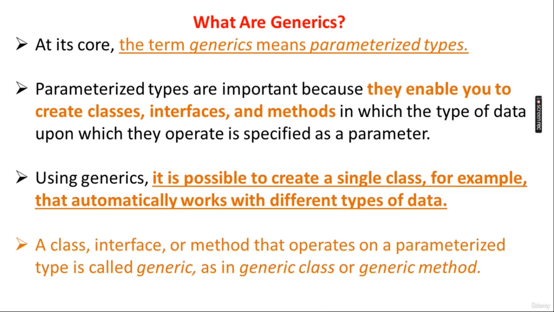So generics are the parameterized type. Using generics, it is possible to create a single class, for example, that automatically works with different types of data. A class, interface, or method that operates upon a parameterized type is called a generic, as in generic class or generic method.